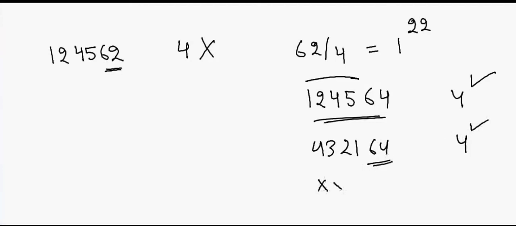Or I can write anything, x x x x and 64, then this number should also be divisible by 4. So I have to look at the last two digits to check if the number is divisible by 4 or not. In this case it is not.